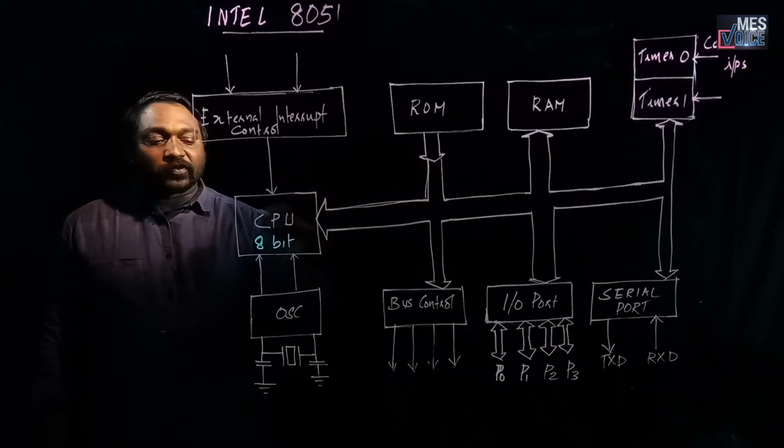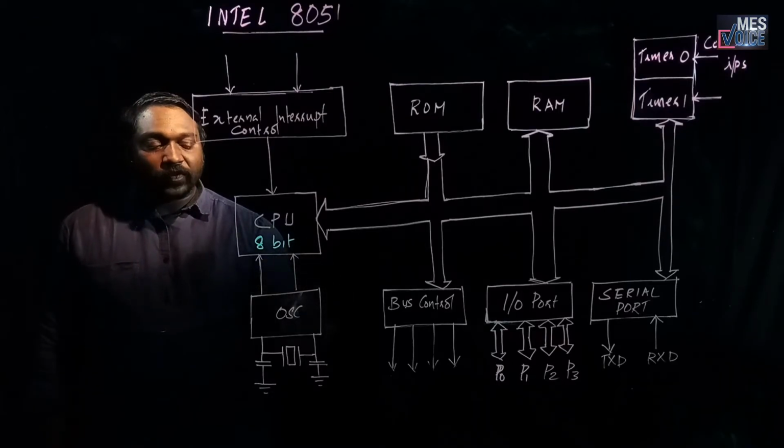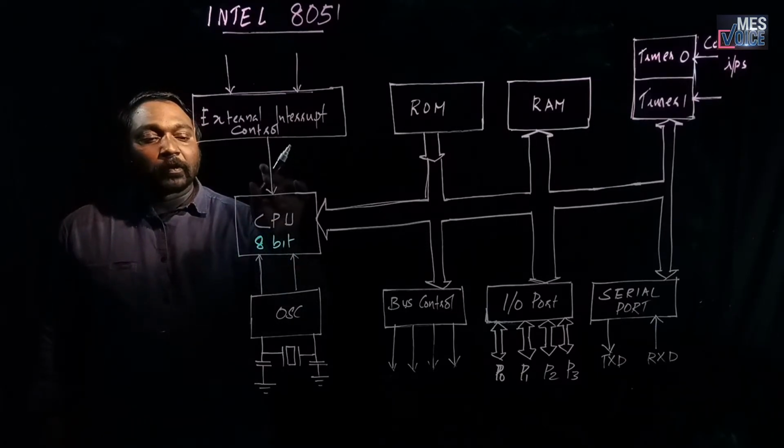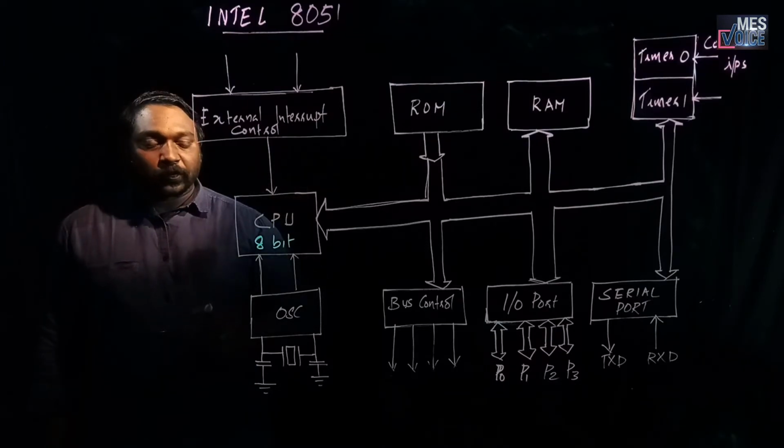The CPU is driven by an oscillator unit, which provides oscillations or clock signals for operating the CPU. An external crystal is connected to the oscillator section, and the oscillator will oscillate according to the frequency of the crystal.